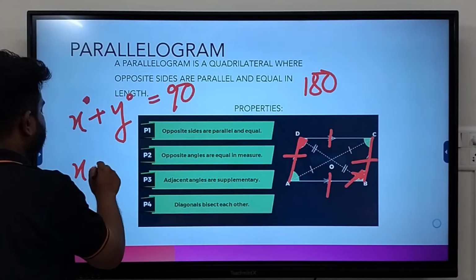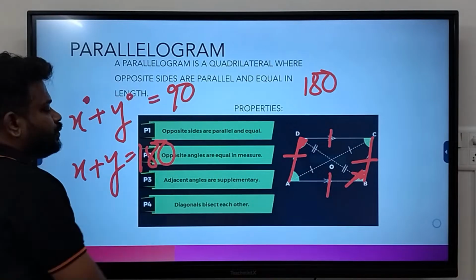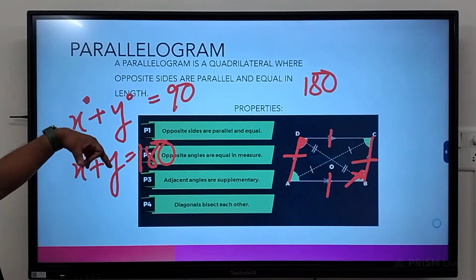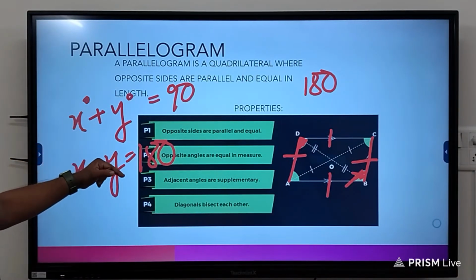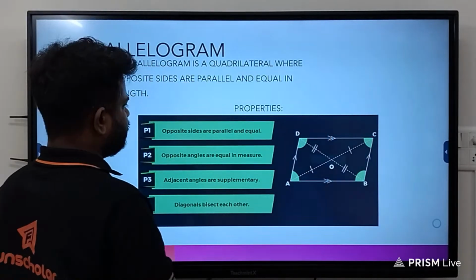The similar thing we can say about this 180 degrees. That one was complementary, this one will be supplementary. Maybe you all know about this.